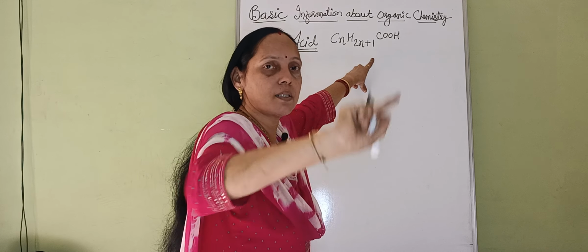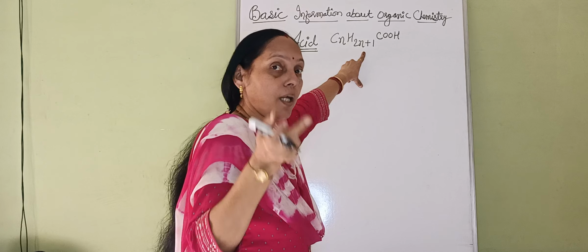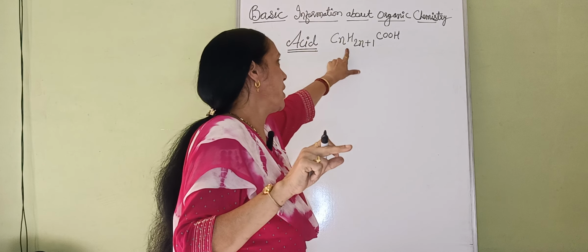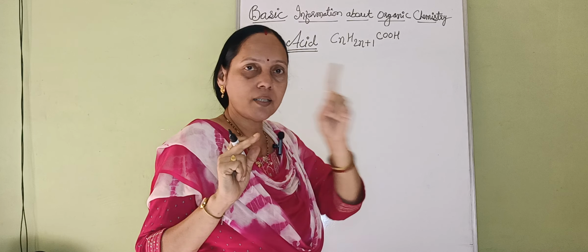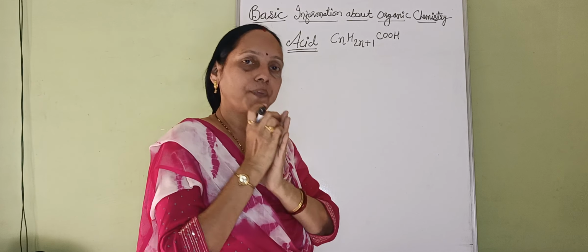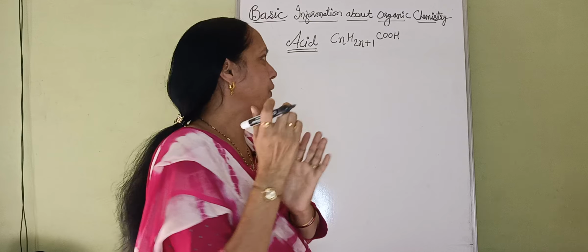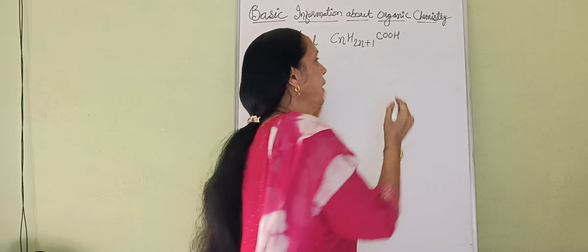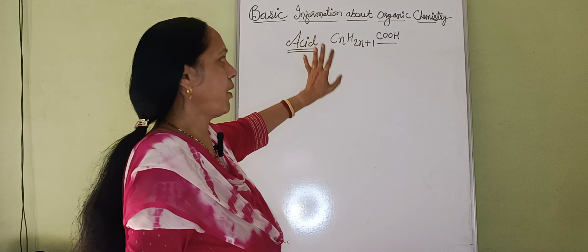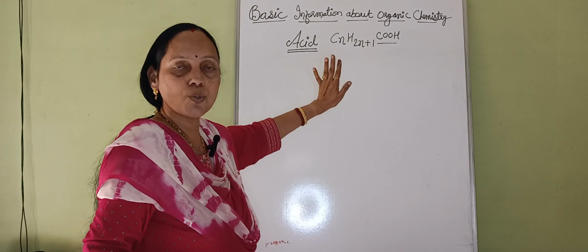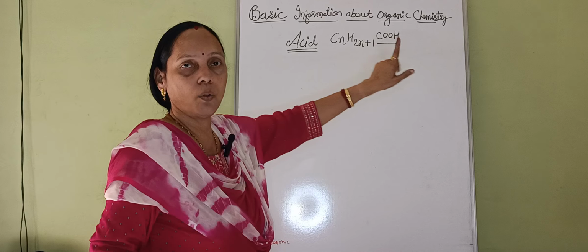When one hydrogen is replaced, it becomes the alkyl formula, CnH2n plus 1. That free valency is filled with the carboxylic group COOH. So the general formula for acid is CnH2n plus 1 COOH.